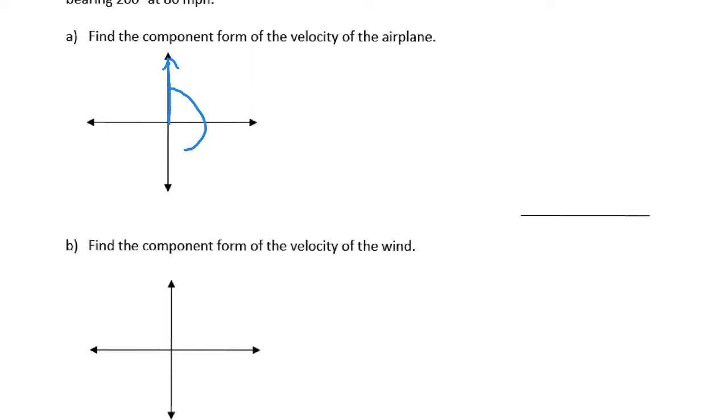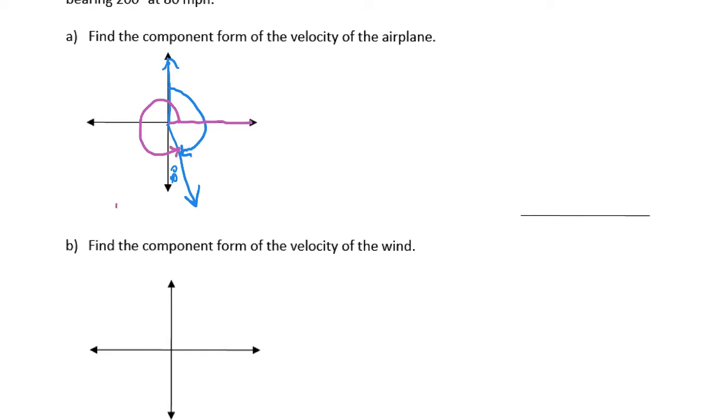That's 180, so I know that I am 10 degrees shy of 180. If I'm looking for my standard angle, I start at the positive x-axis and we rotate counterclockwise.